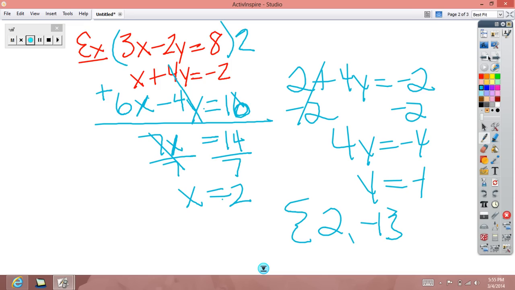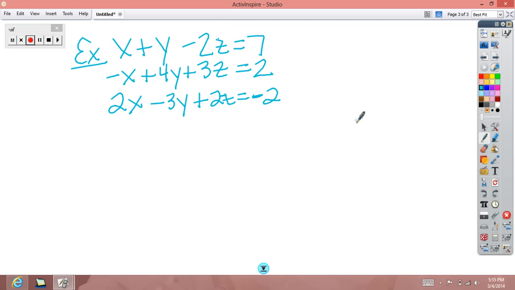We had x's and y's here. Okay, and then after that, same thing we did down here, plug the x back in to get the y or the z values.